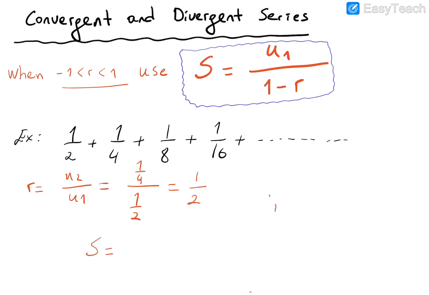The sum will be u1, which is 1 over 2, over 1 minus r, 1 over 2. As you see, the sum will approach 1, getting close to 1. So 1 over 2 over 1 over 2 will be 1. As you see, the sum is heading towards a value 1 in this case. So we will say that this series is convergent.